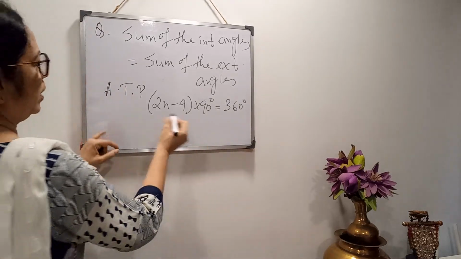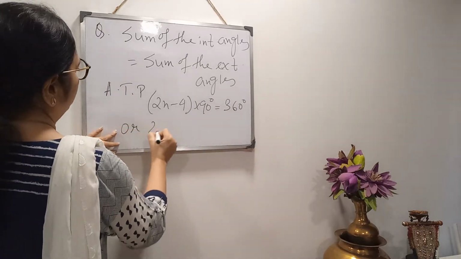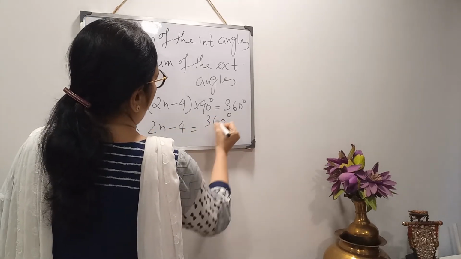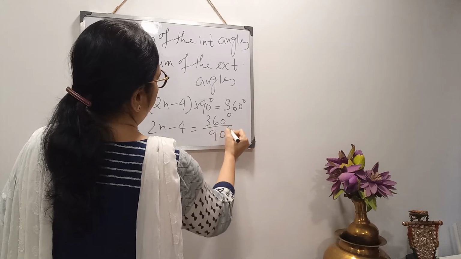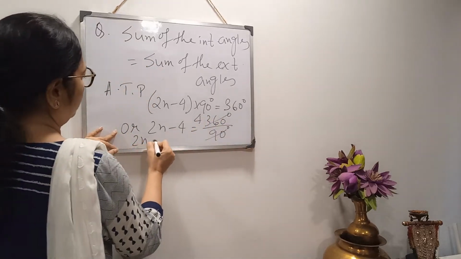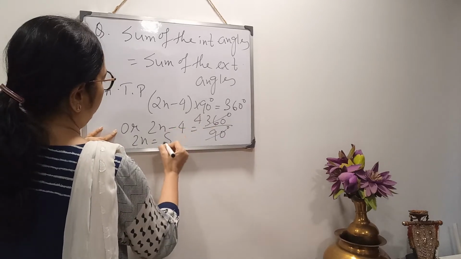Then you have to calculate the number of sides. So 2n minus 4 equals 360 degree by 90 degree. Degree will be cancelled out. So 4. So 2n equals minus 4 plus 4, 8.